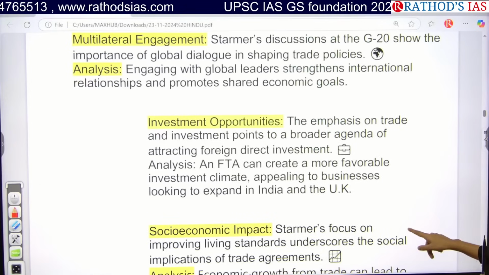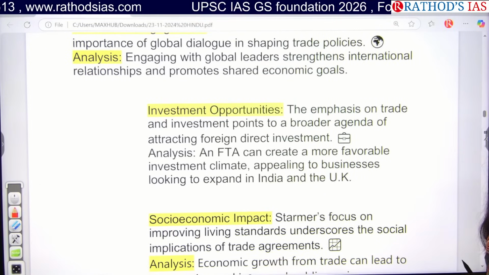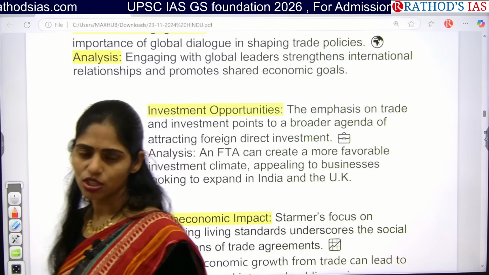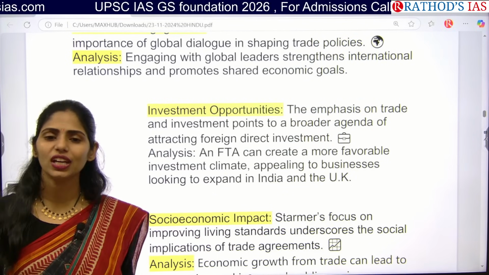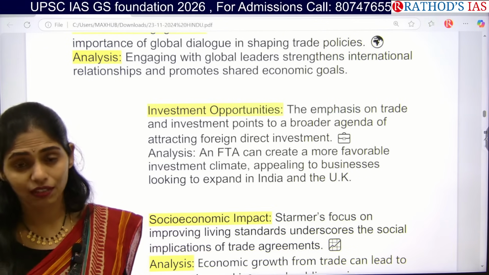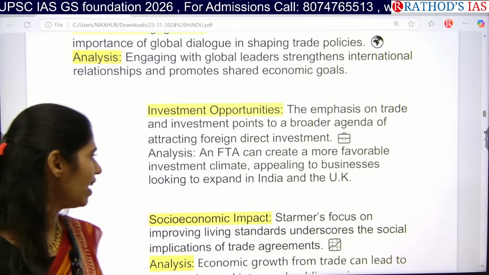The next one is investment opportunities. Whenever we have this FTA, we will obviously increase our production, and in the production sector we can attract more investment, that is foreign investment, it may be FDI as well as FII.